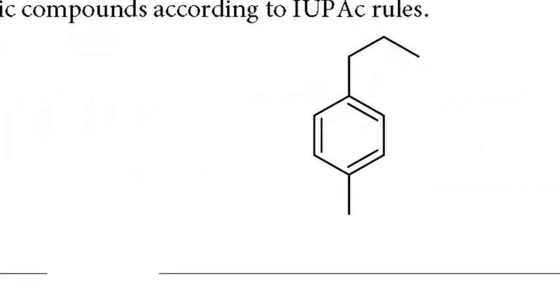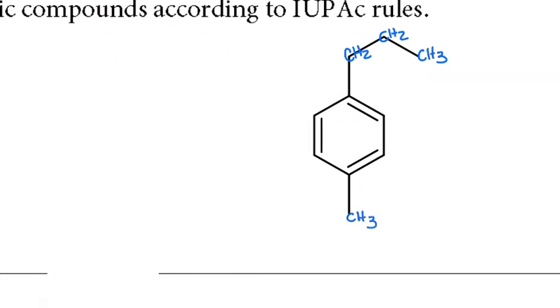This is a skeletal structure. Let me highlight. I'll put a 1 in the chat if you guys want me to put the carbons and hydrogens on the substituents. I'm not going to do it inside of the benzene ring. Great. So here we have a CH2. There's a CH2. There's a CH3.